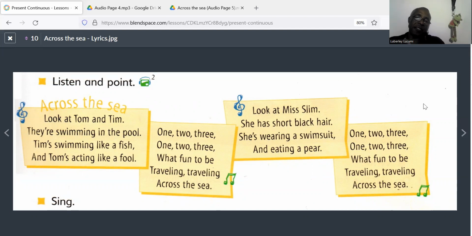So the first one is reading the information, the lyrics about this song called Across the Sea. Read the information. First of all.